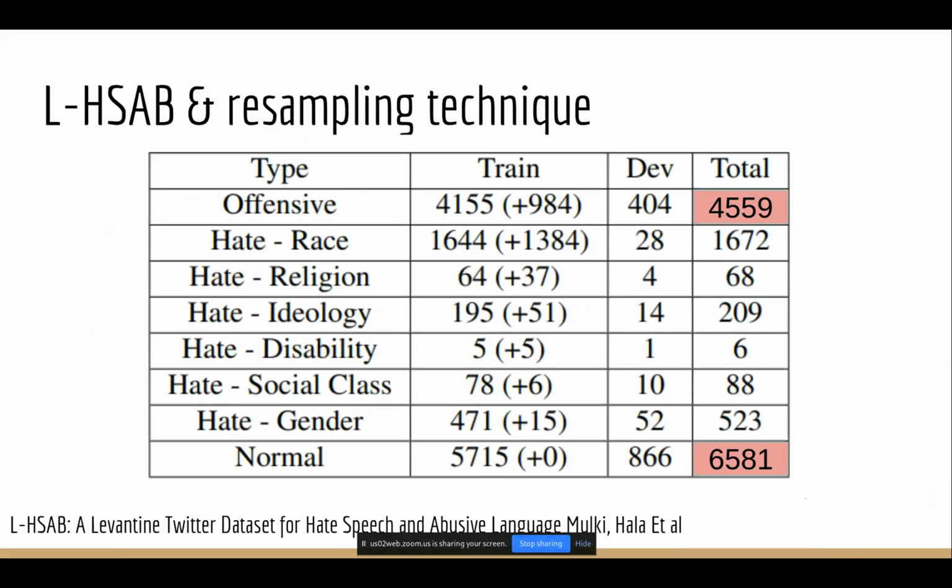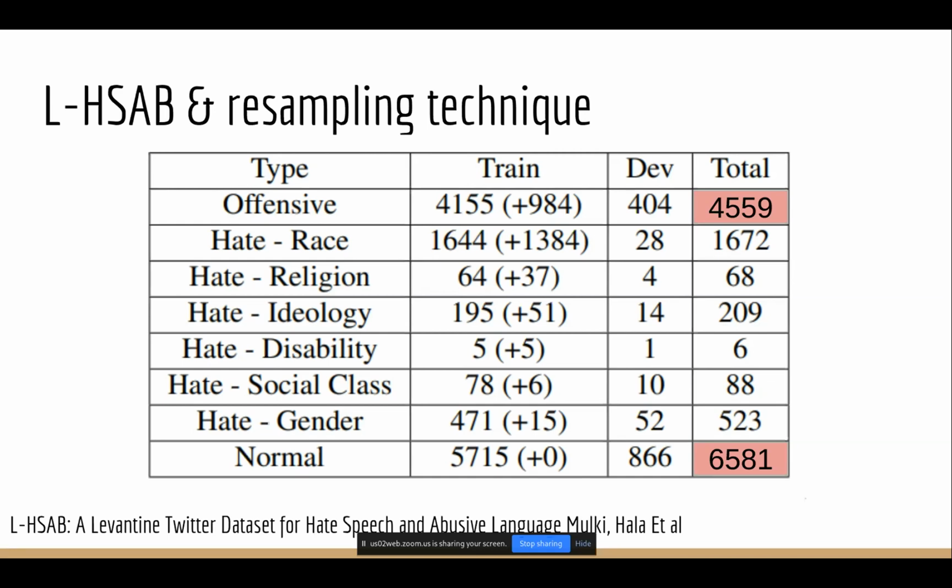For the dataset, the initially suggested dataset was very skewed, so we had to augment it using another dataset called Al-Hisab, which stands for Levantine Hate Speech and Abusive. It's a publicly available dataset made by my mentor, Hatem Haddad.